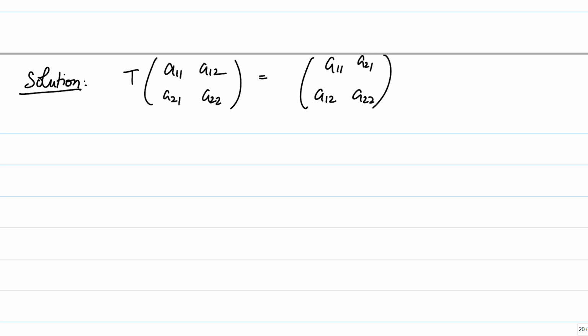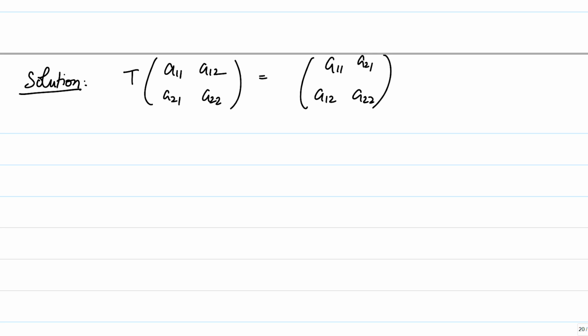To compute the matrix of a linear transformation with respect to bases alpha and beta, we compute T of the basis elements in alpha and write it down in terms of beta. The coefficients will turn out to be the column corresponding to the vector which we have picked.